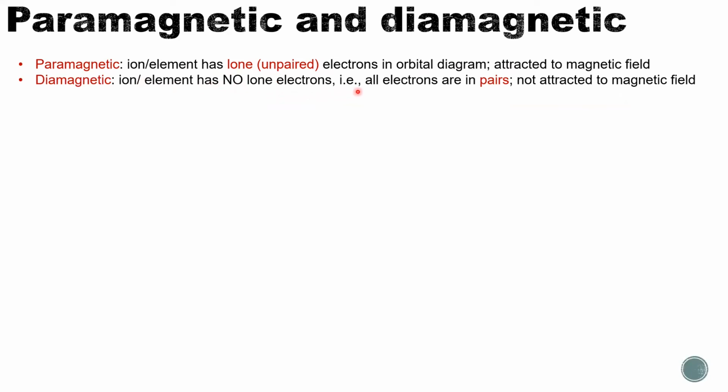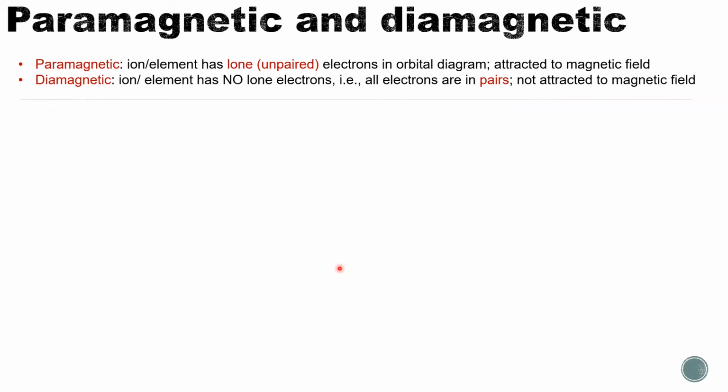In other words, all electrons are in pairs. So it is not attracted to the magnetic field. Actually, it repels the magnetic field. An easy way to remember: diamagnetic has the prefix Di, right? When you say Di, there are 2 electrons, so everything is in pairs.